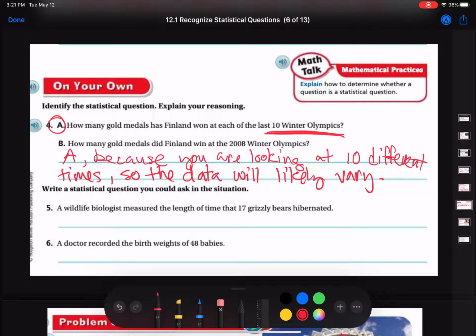Okay, 5, write a statistical question. So it says a wildlife biologist measured the length of time that 17 grizzly bears hibernated.